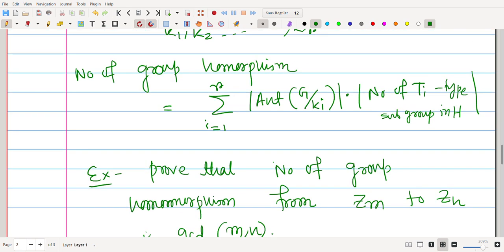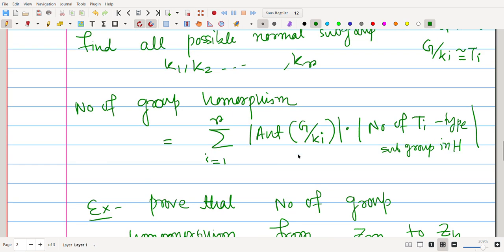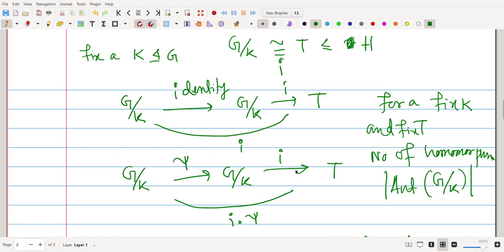Because you already know what the normal subgroups are and what the subgroups look like, you can compute by this formula. Okay. So it is a very important thing.